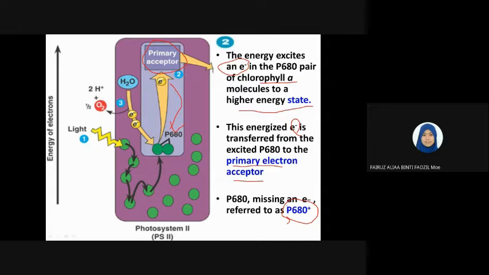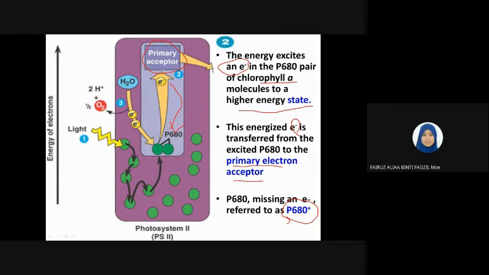I repeat, P680 plus is now missing an electron. That means there's an electron hole that needs to be refilled. Once this electron is replaced, then the P680 plus will be reduced back to P680.